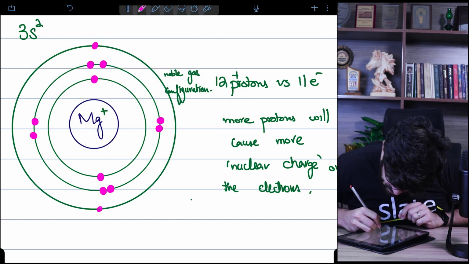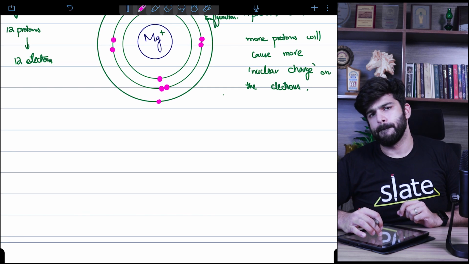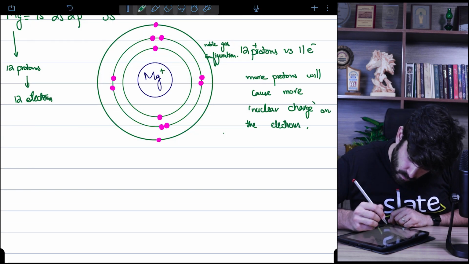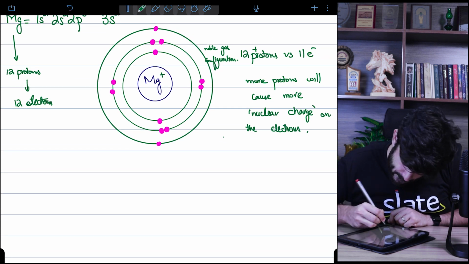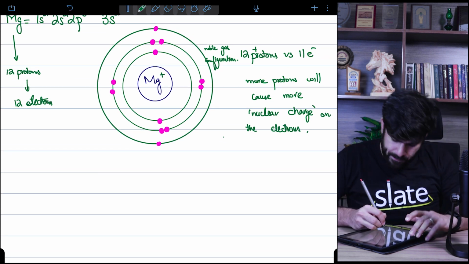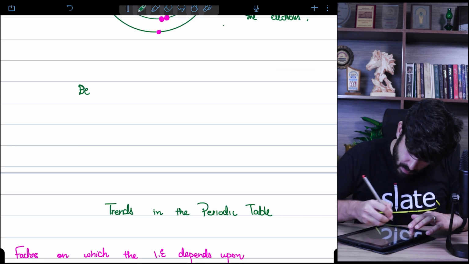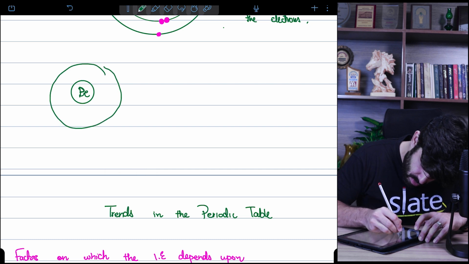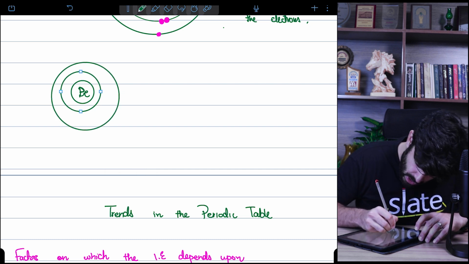So this is magnesium, and I would compare magnesium with, let's say, beryllium.